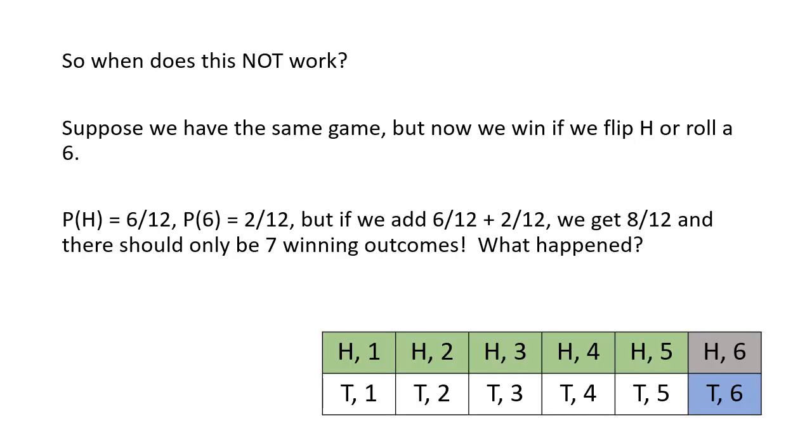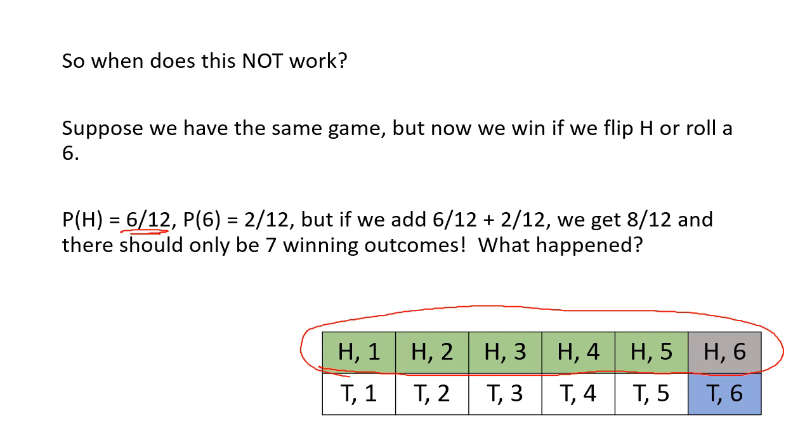So you might be wondering, when does this not work? We'll take our coin and die game and change the rules a little bit. Say we have the same game, but now we win if we flip heads or roll a 6. If we look at this grid, the probability of flipping heads, there's 6 ways that could occur, so the probability there is 6/12.